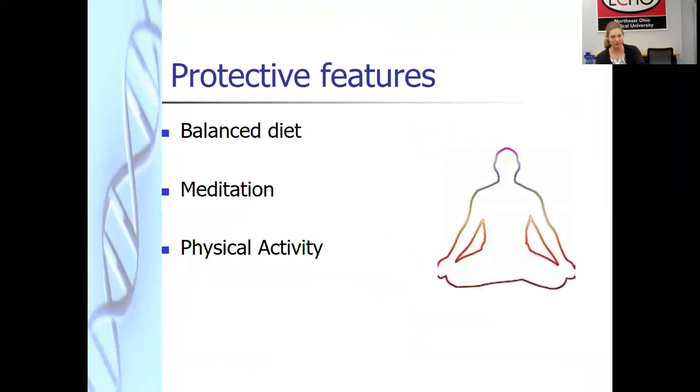So what can we do on the protective side? So definitely a balanced diet, making sure that all of the vital nutrients, vitamins, and minerals are included from as early on as we can throughout the entire life cycle. Meditation, so there are a handful of studies that are looking at the role of meditation in trying to be protective for some of the epigenetics.